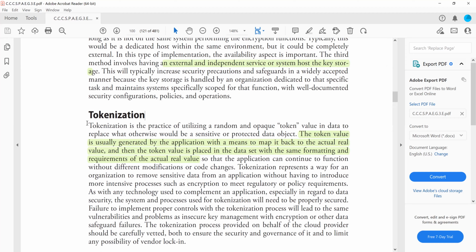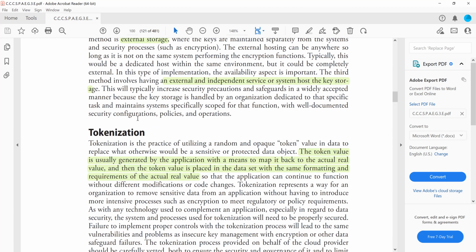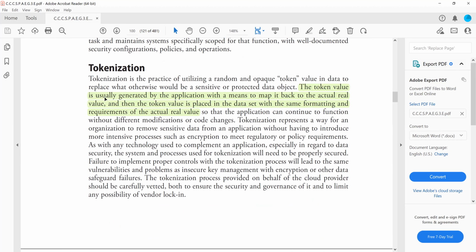This is the page, right? Yeah, this is the one. Page 100. Here, the token value is usually generated by the application with a means to map it back to the actual real value. This means that the token which is added should be reflected to its actual value.